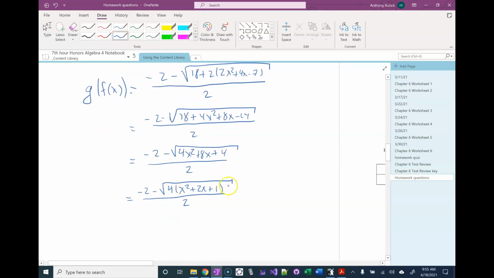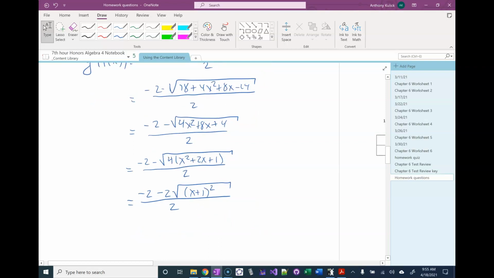And the square root of 4 I can take out. And x squared plus 2x plus 1 I can factor, multiplies to give me 1 and adds to give me 2, or 1 and 1. So it's x plus 1 times x plus 1, but I'm going to write that as x plus 1 squared. So the squared can cancel the square root.